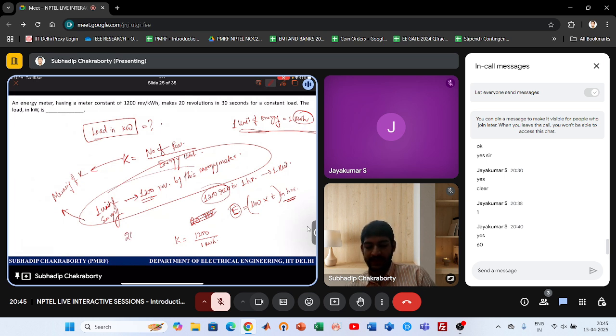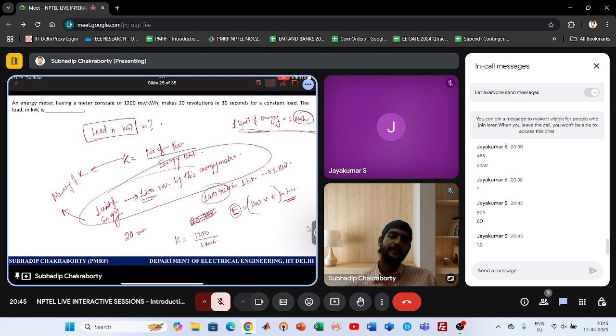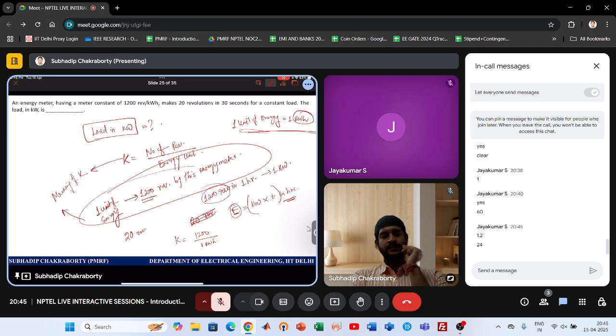So for 20 revolutions, what will it be? 20 revolutions, it will be what? 1200 revolutions, 1 kilowatt hour. 20 revolutions, 1 kilowatt hour by 1200 into 20.